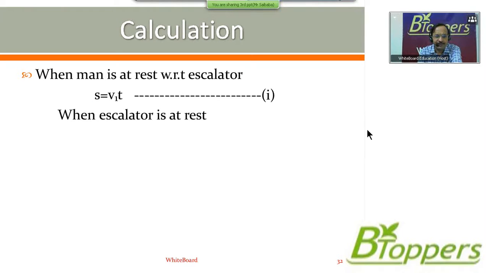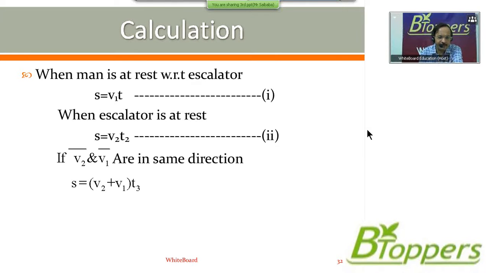When the escalator is at rest, let us suppose the man walks up the same distance with velocity of magnitude V2 in time T2. So in the second case, you can write S equal to V2 T2. The third case, the man walks up in the same direction while the escalator is moving.